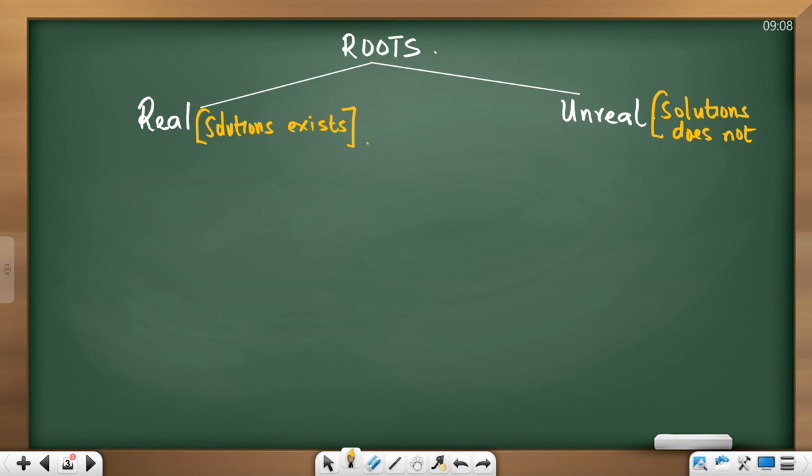Another word that we would use for unreal is non-real roots. So unreal or non-real means the same. So when roots are real, the solutions exist. They are tangible. But when roots are unreal, the solutions do not exist.